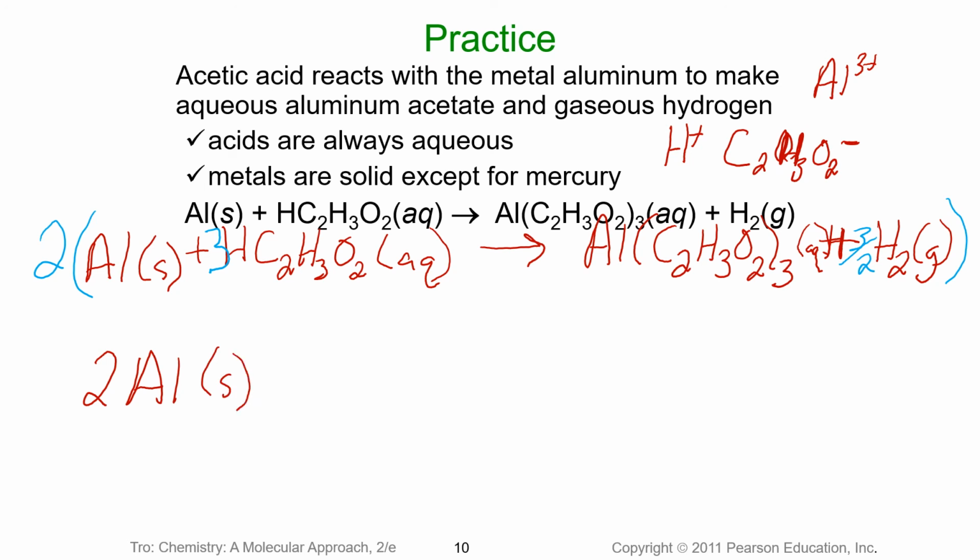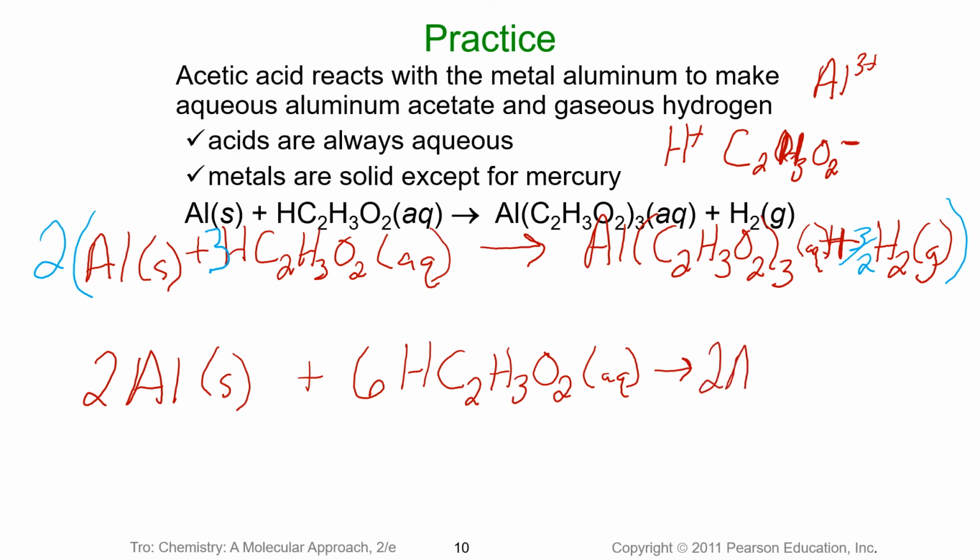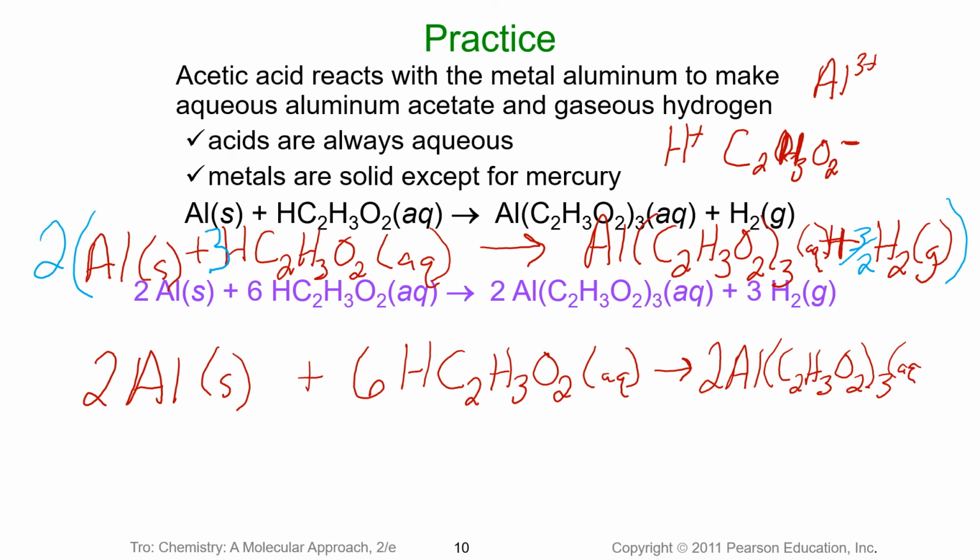This results in 2 aluminum plus 6 acetic acid gives us 2 aluminum acetate plus 3 hydrogen.